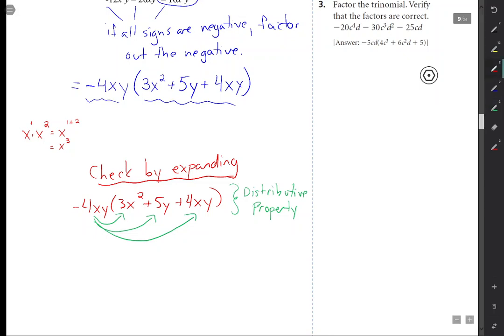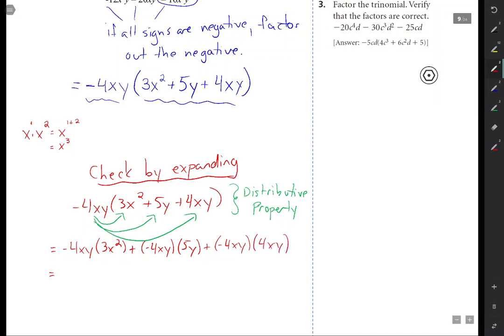So then this would equal negative 4xy times 3x squared plus negative 4xy times 5y plus negative 4xy times 4xy. And if we multiply all this out, we have negative 4 times 3 gives us negative 12. X times x squared gives us x to the power 3, and then the y times nothing is just y.